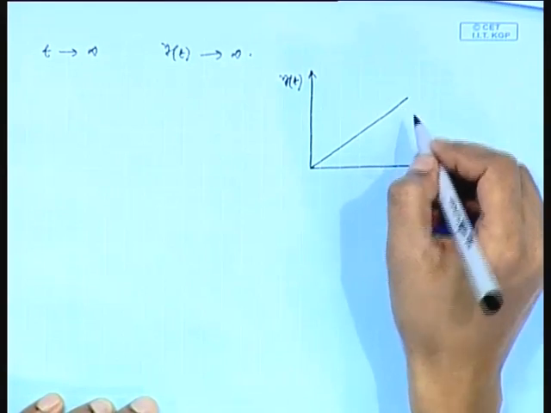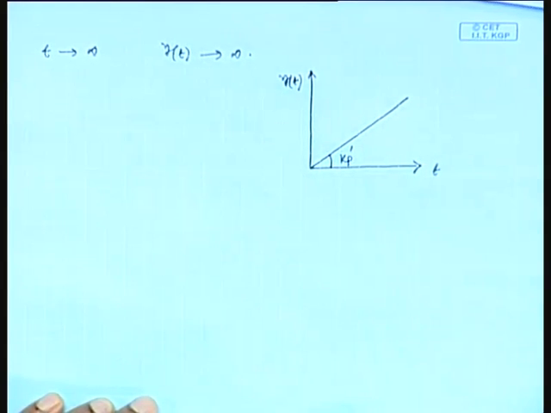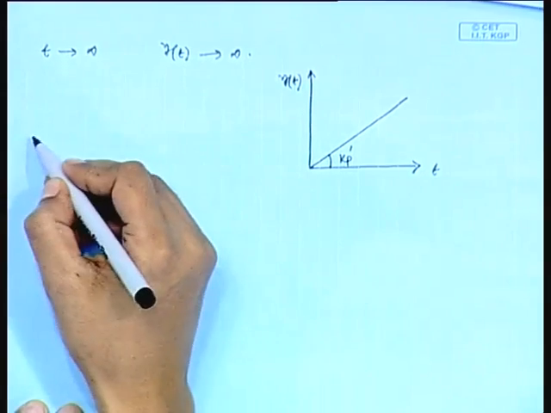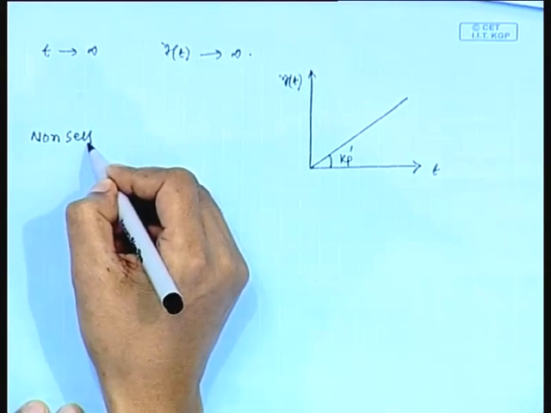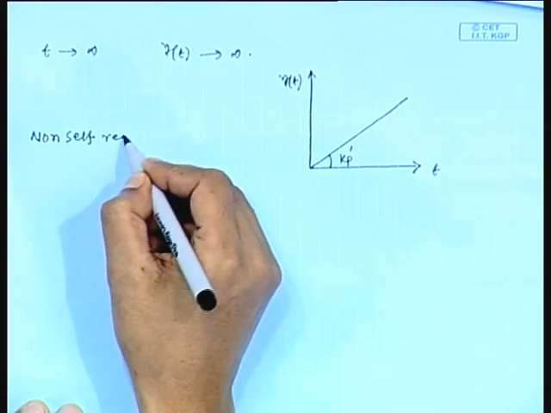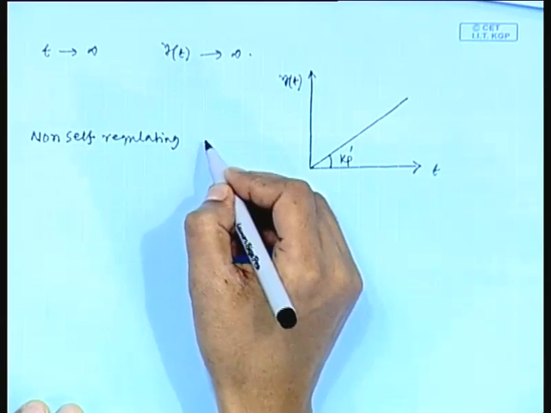This is the output and slope is Kp prime. This type of processes are called non-self-regulating processes.